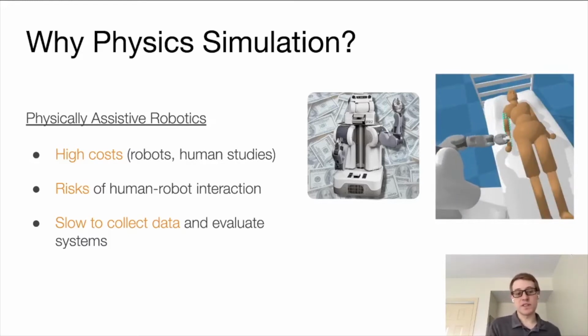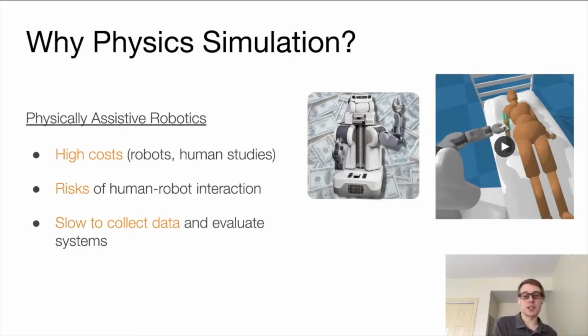It turns out that the field of physically assistive robotics has a number of challenges that come with it. Probably the largest, and the biggest barrier of entry into the field, is high costs. The types of robots that can provide assistance, and conducting human studies, are all very expensive. In addition, there's an element of risk anytime you have robots coming into close physical contact with people.